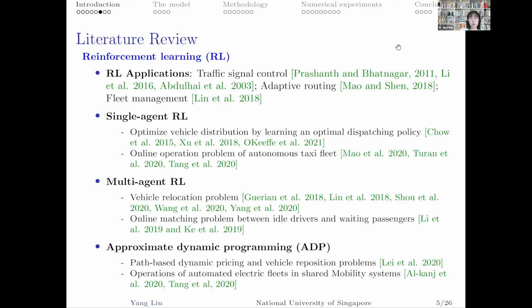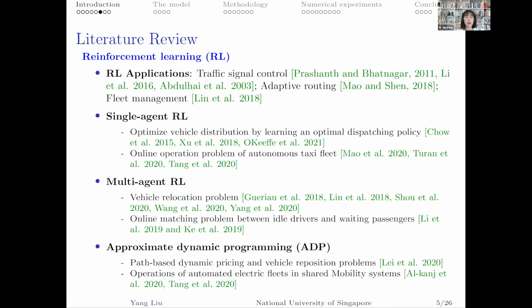And for managing a large-scale mobility on-demand system, because the state space is huge, we use approximate dynamic programming and reinforcement learning to address this issue. We call it the curse of dimensionality.